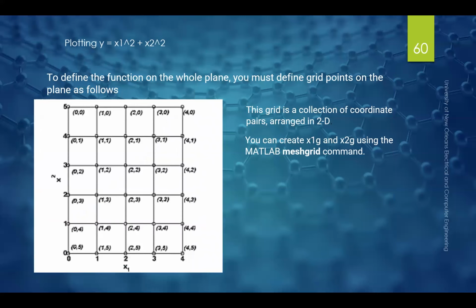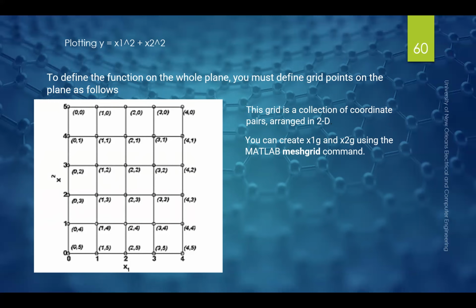For the program to understand where it is going to put all the different points along the plot, it needs to define the function on the whole plane. You need to define the grid on the points of the plane, so that by defining the individual grids, you can find the points for each of them, then the function knows where to go and create that three-dimensional plot.